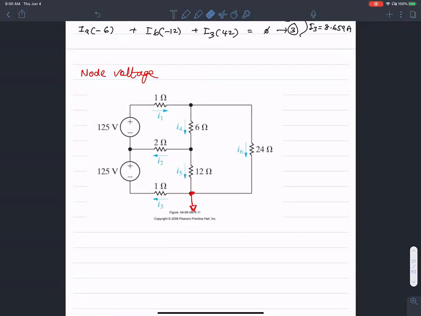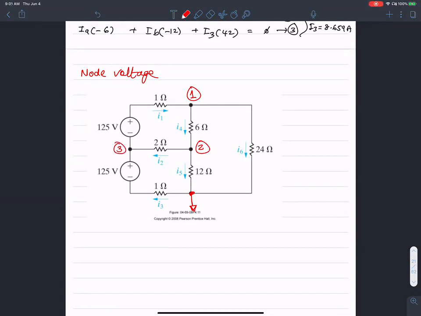The next step would be to identify the different nodes. Correct. So I guess we could do a node in the top middle in between the 1 ohm and 6 ohm resistor. Okay, we'll call this number 2. Call this number 3.